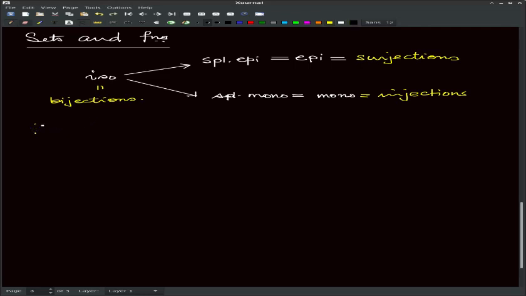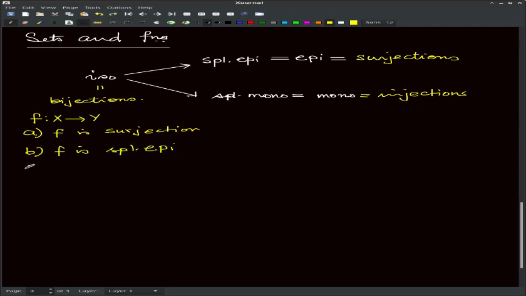If and only if... Usually I give this as an exercise in set theory. F is a surjection. Show that these three are equivalent. So now in our language, it is a split epi, and F is an epi. You have already seen this part.